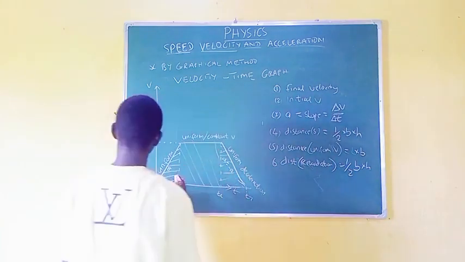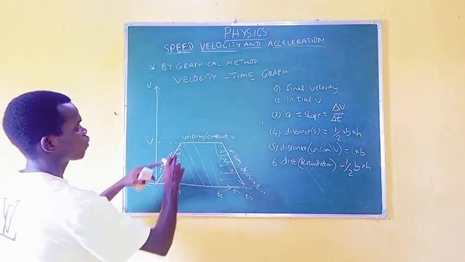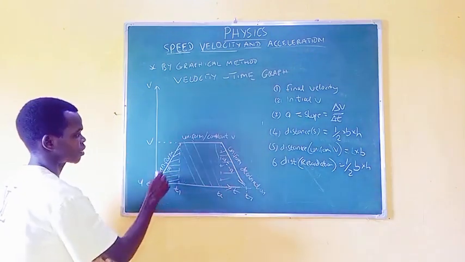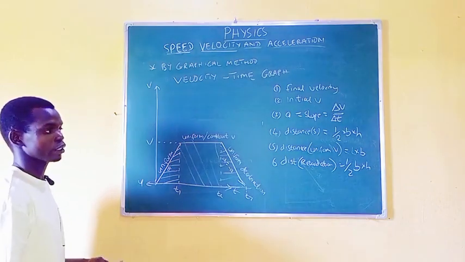While from this velocity time graph also, we can find the total distance traveled by the moving object.